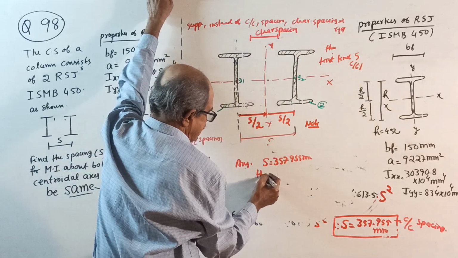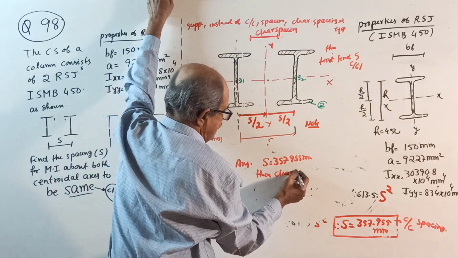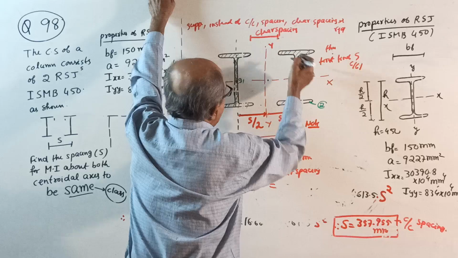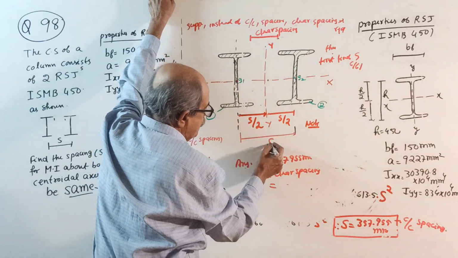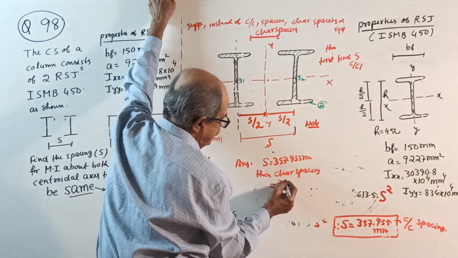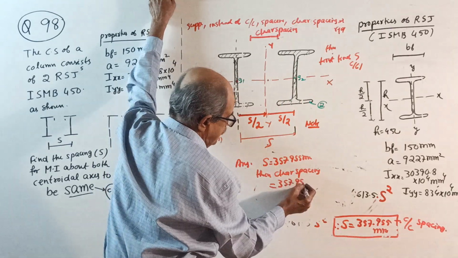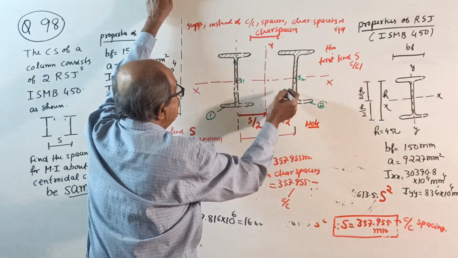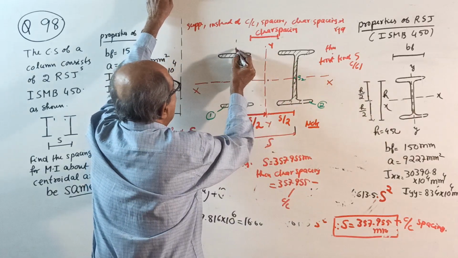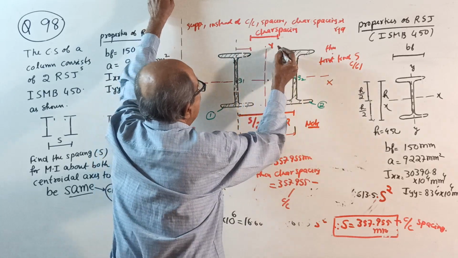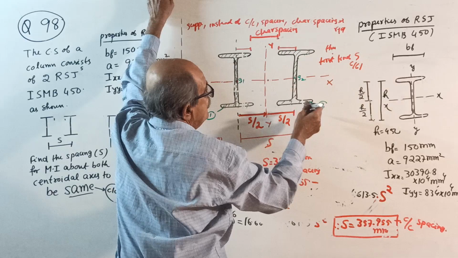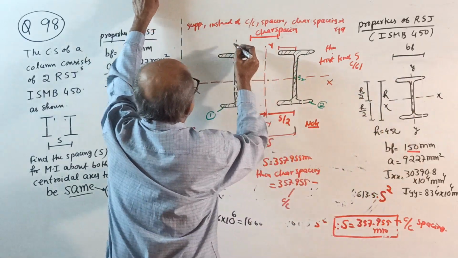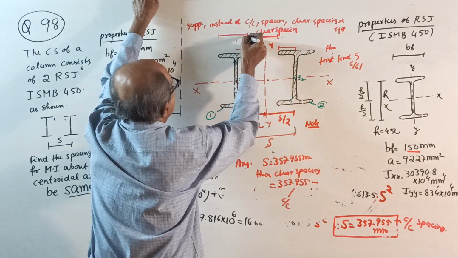Clear spacing equal to whatever center to center you got, 357.955. That is center to center spacing. From that spacing, subtract half of this one. The breadth of flange is 150 mm, means this full is 150 here.